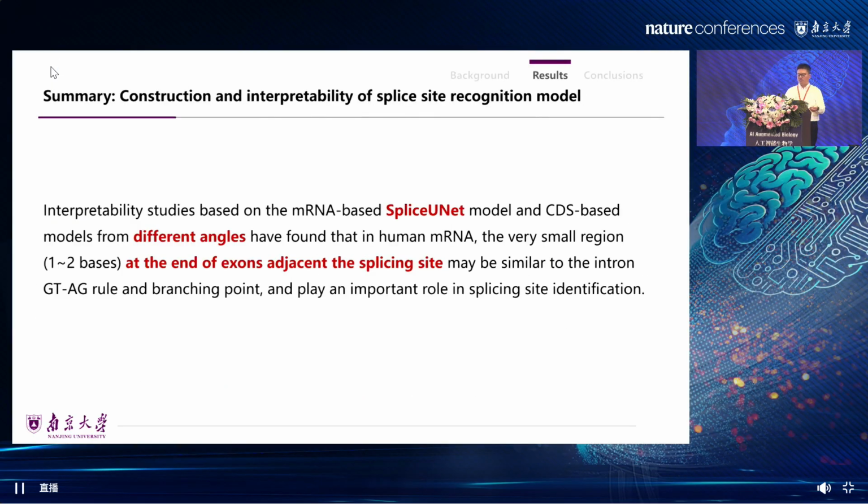So to summarize the first part, we used three different deep learning architectures. When asked to find the splice sites, all independently converged on the same conclusion. The terminal nucleotide of the exons plays a critical and very important role in splice site recognition.